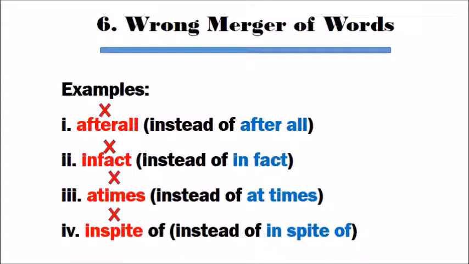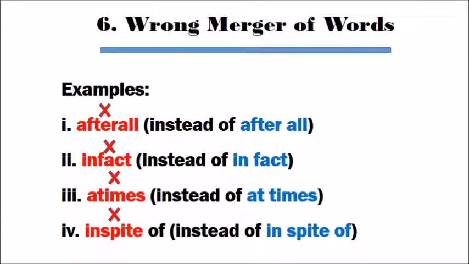Second example, "in fact". Well, it runs when we use the two of them. The sound stream runs "in fact". We shouldn't spell it together. There should be a space to separate the two words. "At times" is another one that should give us "at times". Two separate words.